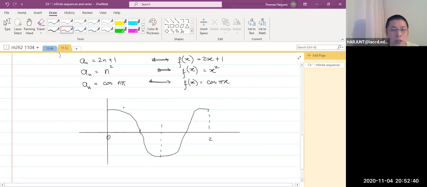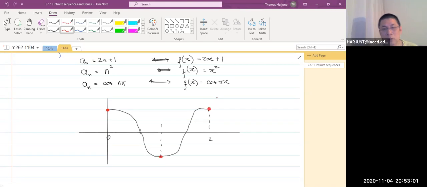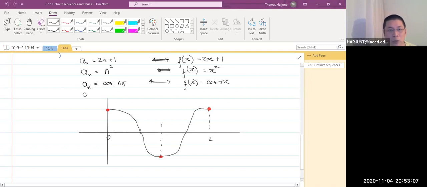Now when n equals 0, it's here. When n equals 1, it's here. When n equals 2, it's here. So the black one is the graph of the function f of x, and the red ones are the sequence, the locations of the coordinates for the sequence a sub n for the third one. Okay, so can you imagine what happens if I use a sub n equals sine n pi?